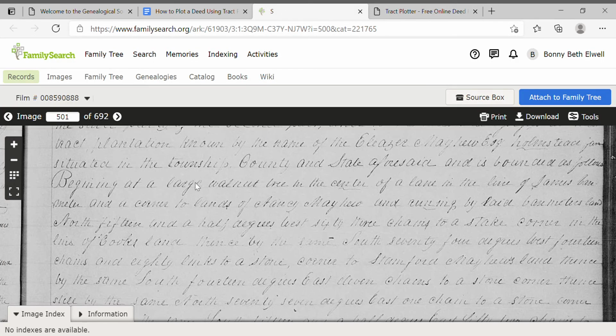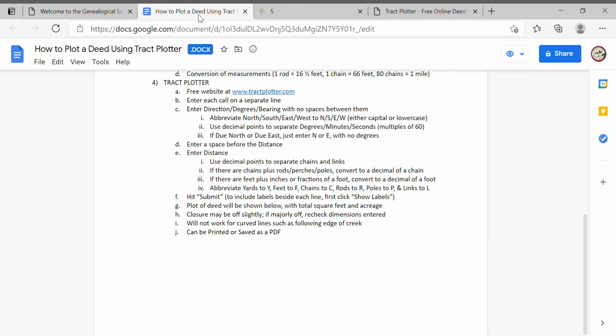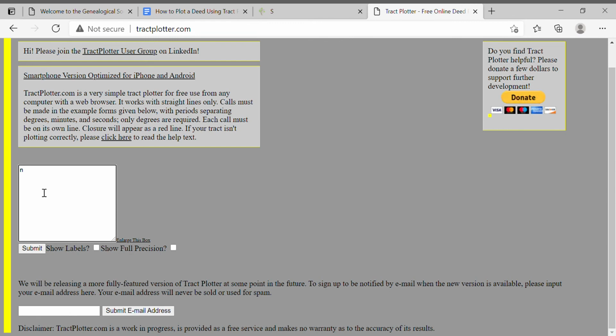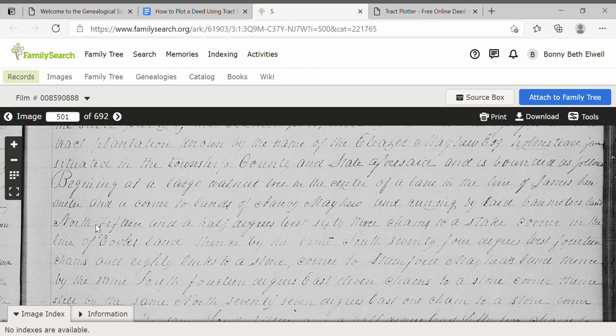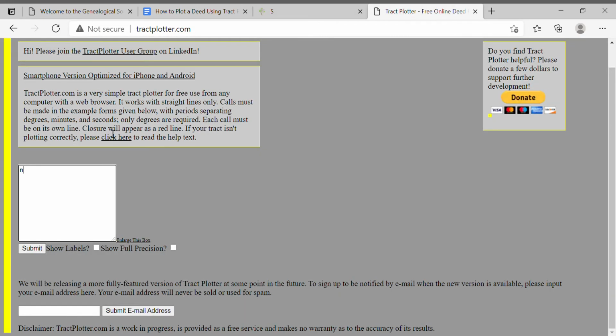Now we're going to look for the degrees. 15.5 degrees. Now if you recall, over here I said to use decimal points to separate degrees, minutes, and seconds. And remember, they're multiples of 60. So we're going to enter the degrees as degrees and minutes. Here it said 15.5 degrees. So we're going to enter 15, for that's how many total degrees.